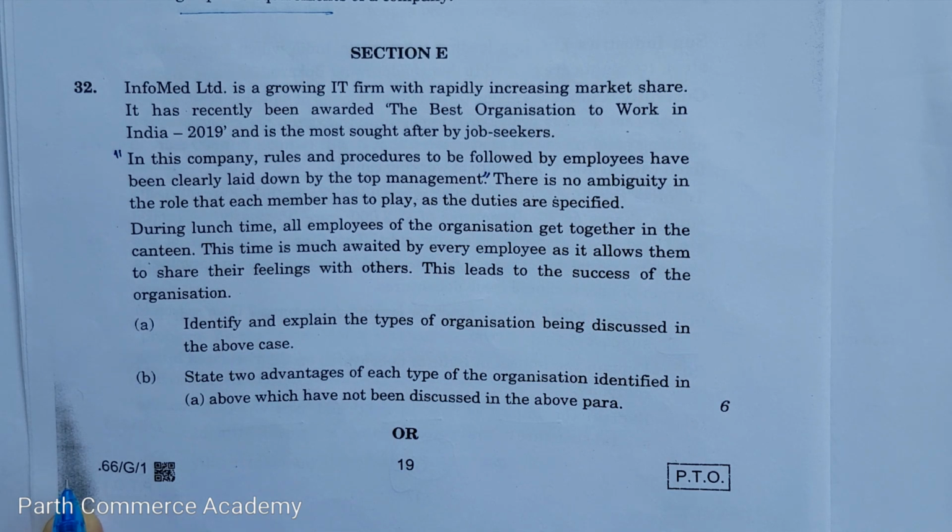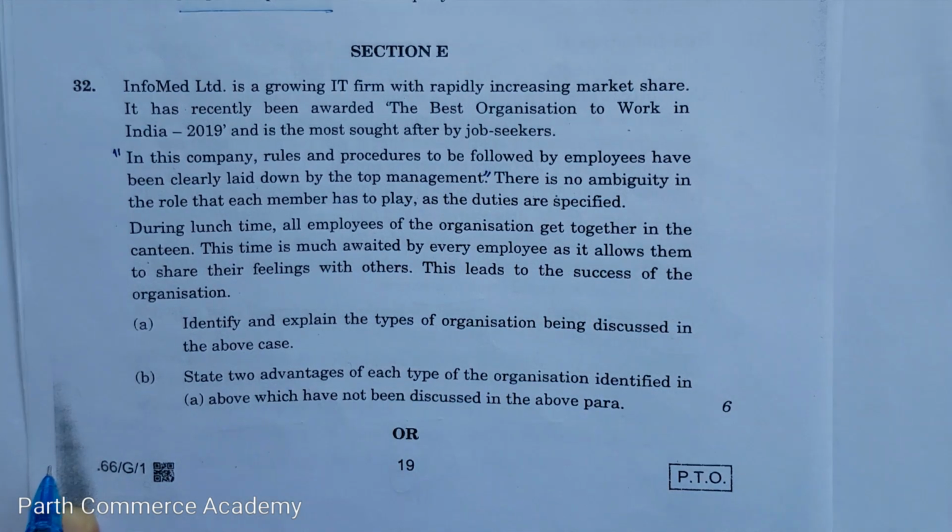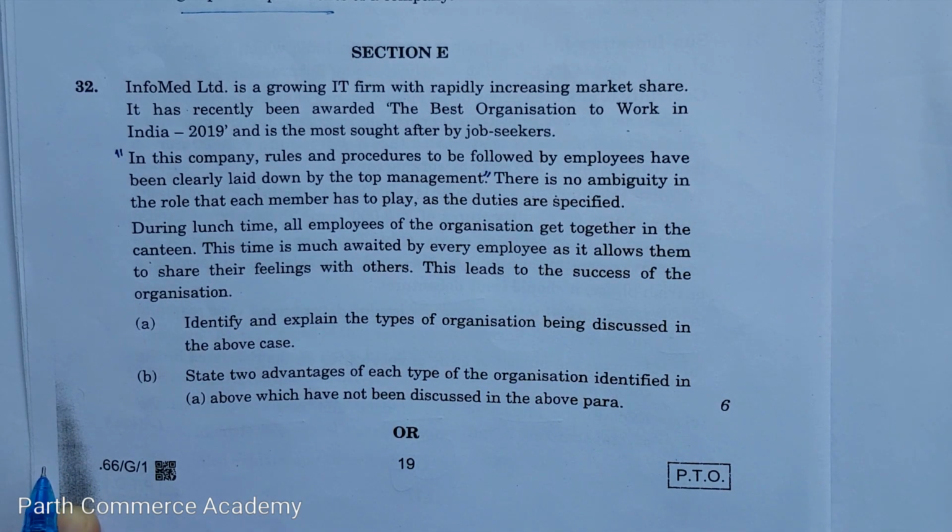In this company, rules and procedures to be followed by employees have been clearly laid down by the top management, and there is no ambiguity in the role that each member has to play, as the duties are specified. During lunchtime, all the employees of the organization get together in the canteen. This time is much awaited by the employees, and it allows them to share their feelings with others. This leads to the success of the organization.